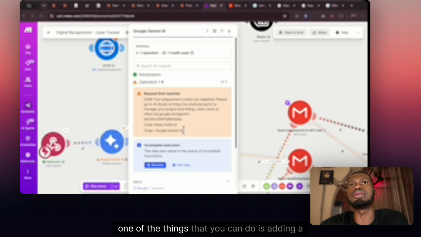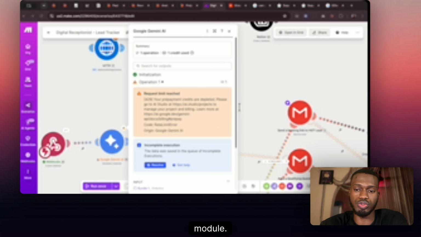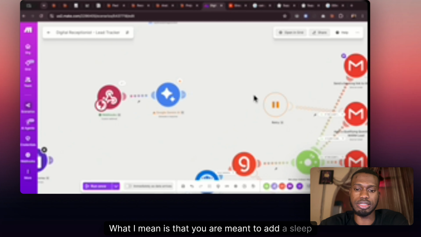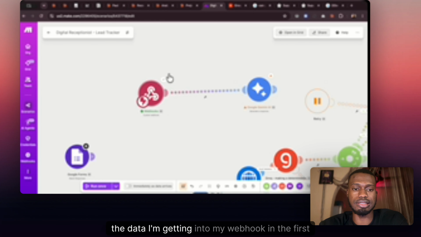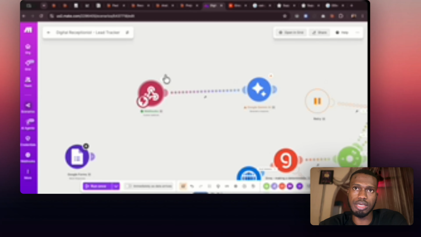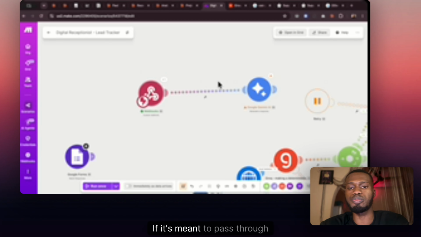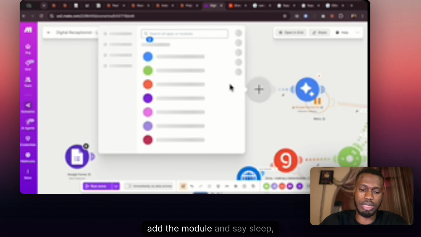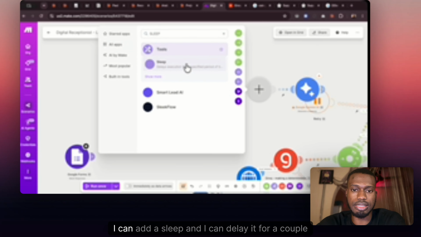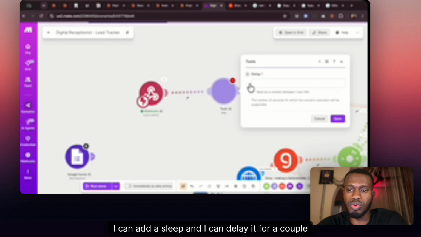In this case, one of the things you can do is add a sleep module. What I mean is that you add a sleep module right in between the calls here. If the data coming into my webhook is instant and meant to pass through here in milliseconds, I can just add a module and say sleep, and delay it for a couple of seconds.